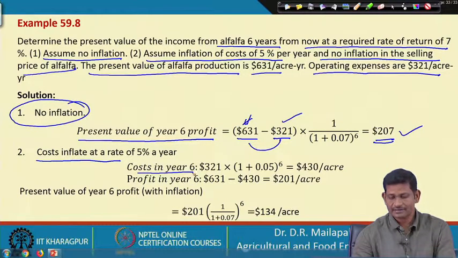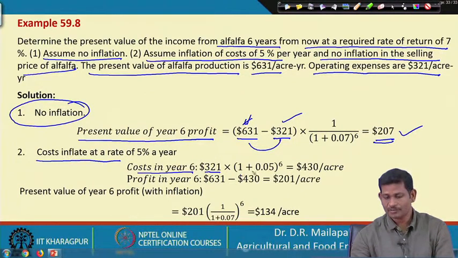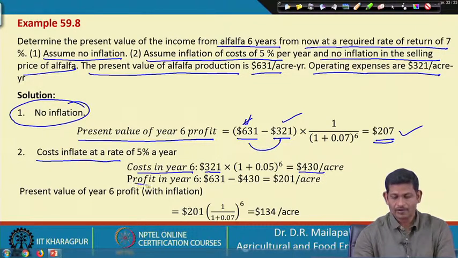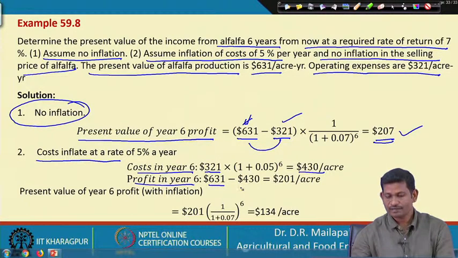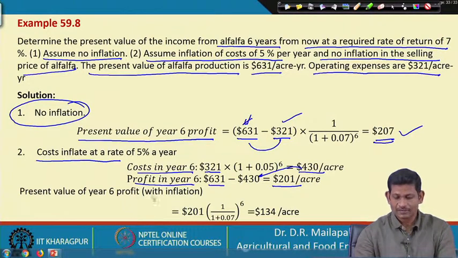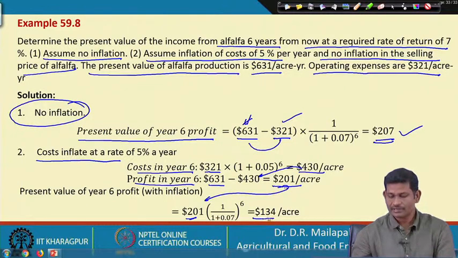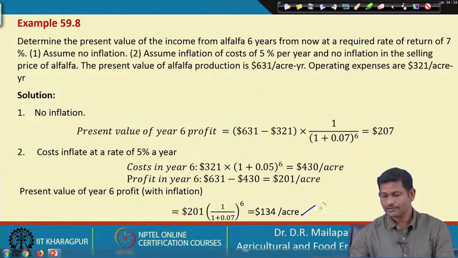The cost in year 6 is 321, the operating cost, because inflation is given on operating cost only, times 1 plus the inflation rate, and you get 430. Profit in the year is 631 minus 430, you get 201 per acre. Okay. So, the present value of year 6 profit with inflation, this is the profit after 6 years brought to the present value, is 134 per acre. So, with inflation you get 134, without inflation you get 207.